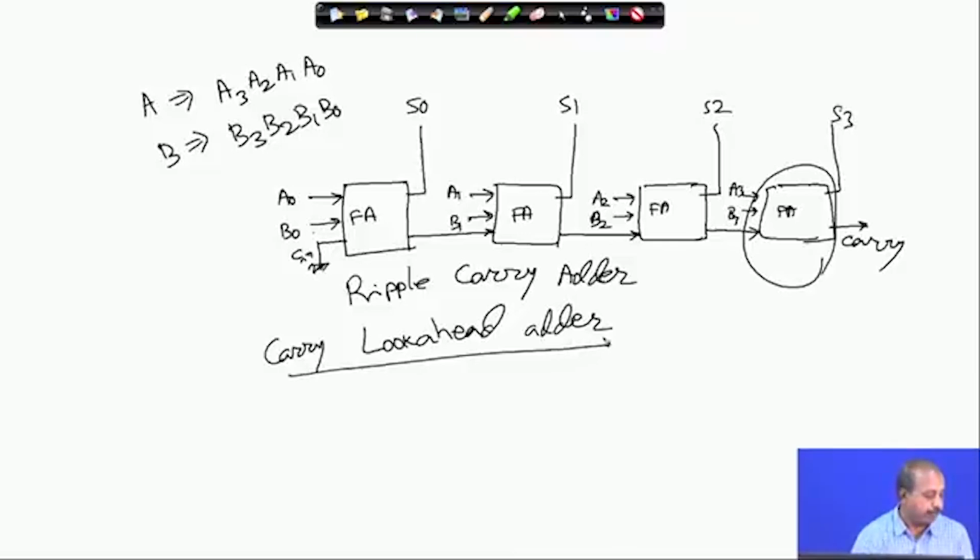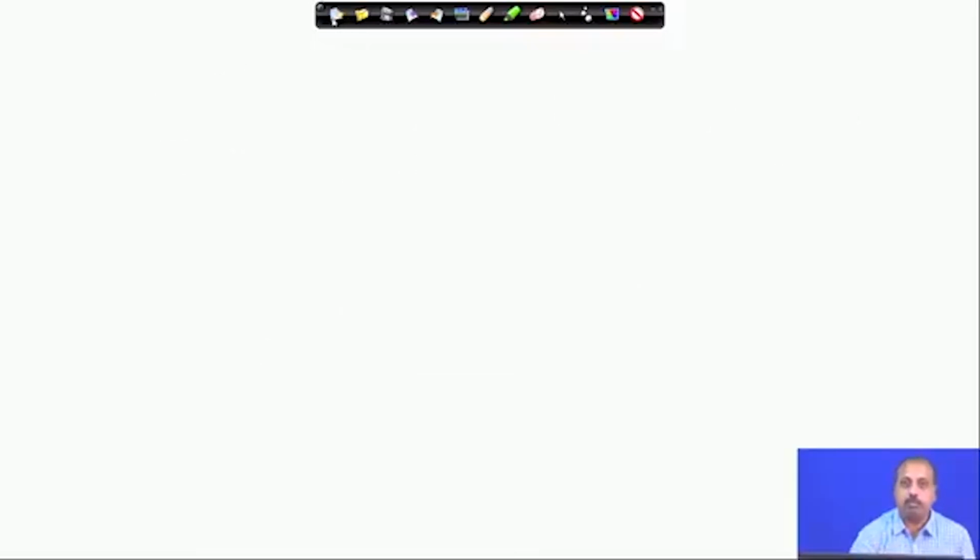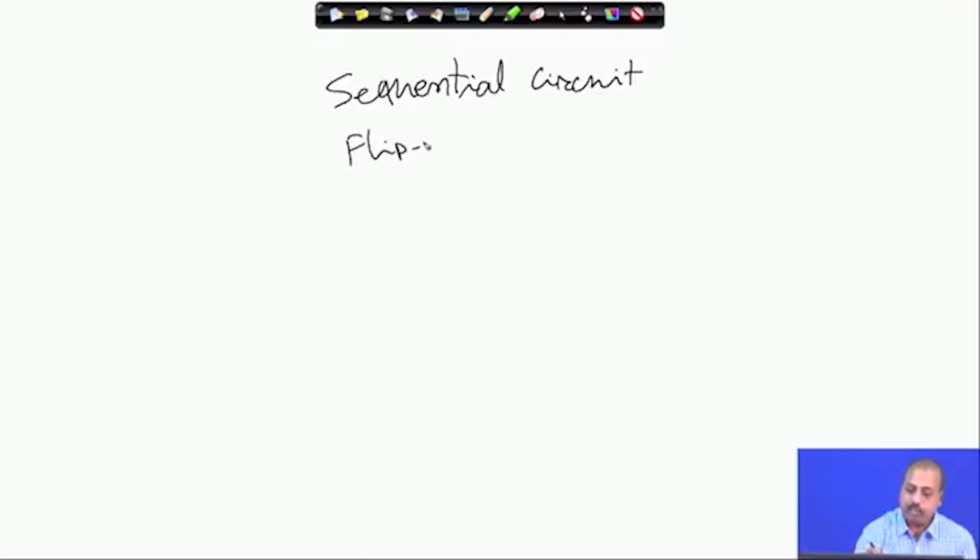So, this way we can go for these adder circuits. Next, we will look into another class of components that will be required in the design of these processors, which are known as sequential circuits. The basic block of any sequential circuit is called a flip flop, because a flip flop is a module that can remember the previous state, unlike a combinational circuit.